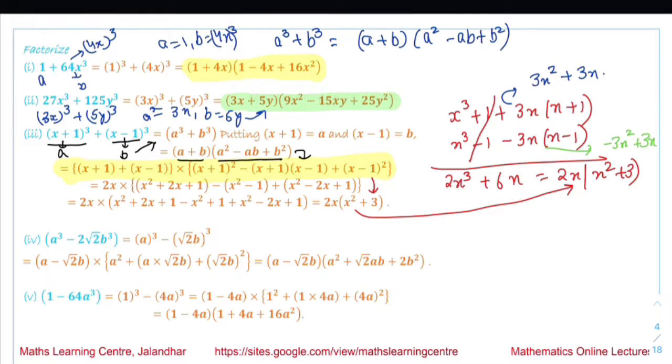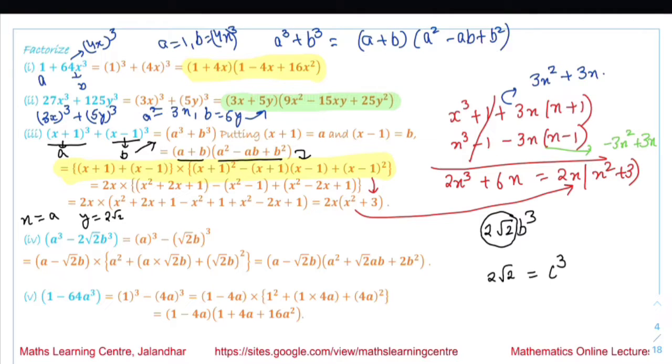In the next question also, we are having the value of x equal to a and the value of y equal to 2 root 2 b. So we have to calculate the cube of y, which is (2 root 2 b) cube. So we have to convert this term as the cube of something. Suppose 2 root 2 is equal to some number c cube.